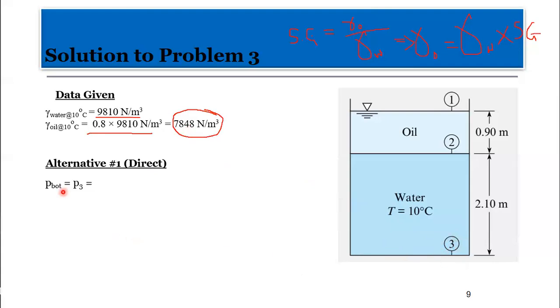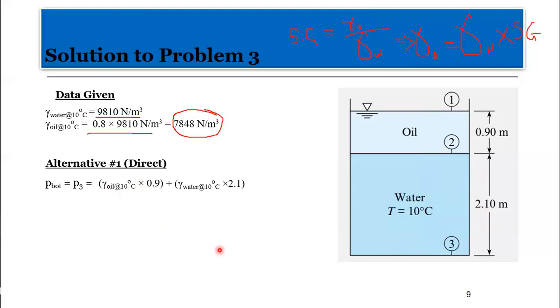So P at the bottom is P3, and we are saying that P3 is simply the pressure due to the oil height, that's gamma of oil times the h, which is what is given here, plus gamma of water times the height of the water, that's 2.1.